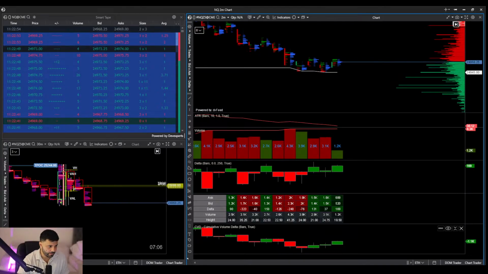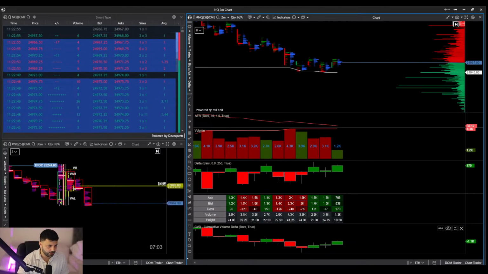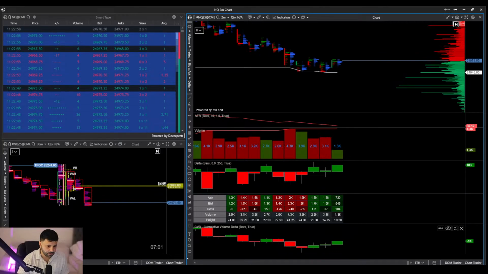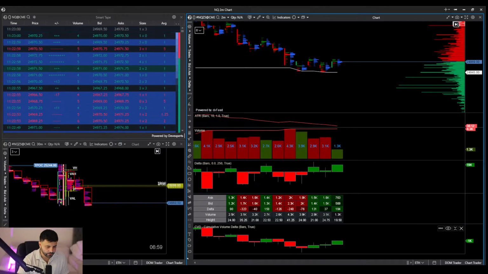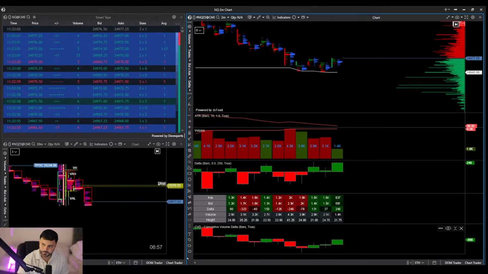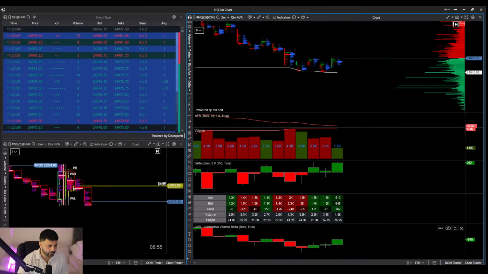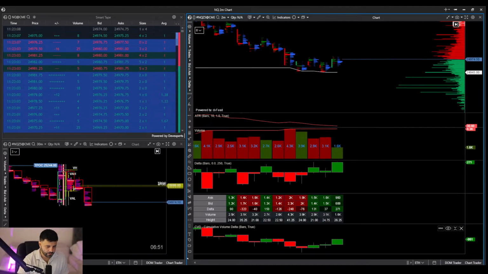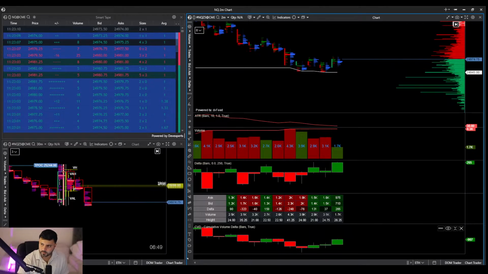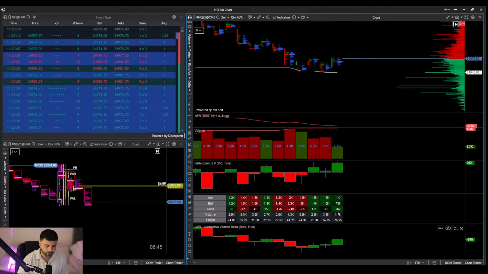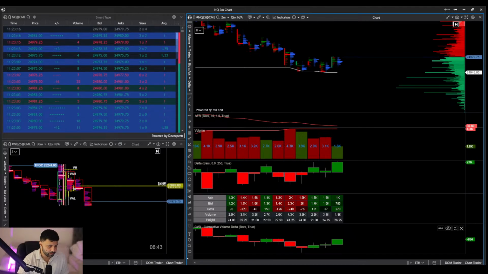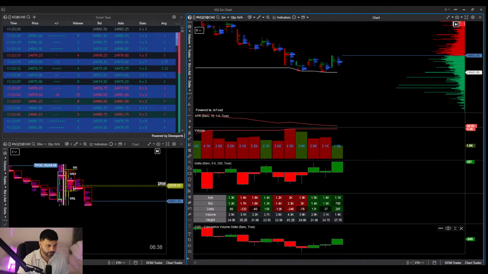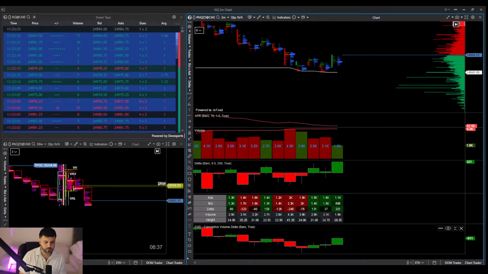If I get a 5-minute candle close above 6,700, I'll add a couple of more micros to the position. Some bulls are coming in. That's a good sign. Bulls are starting to come in. Let's go.